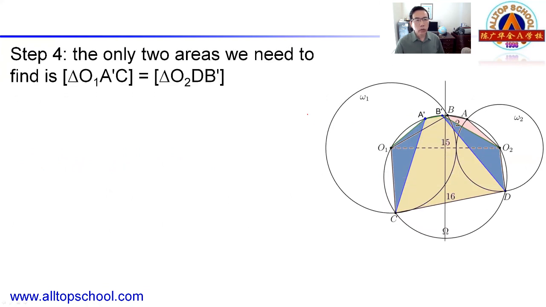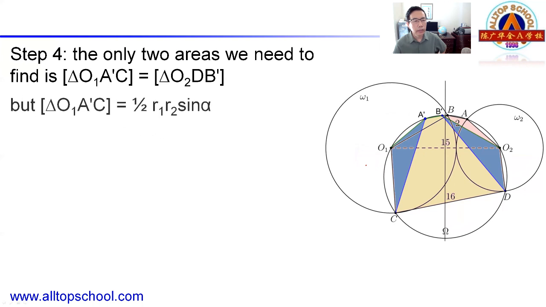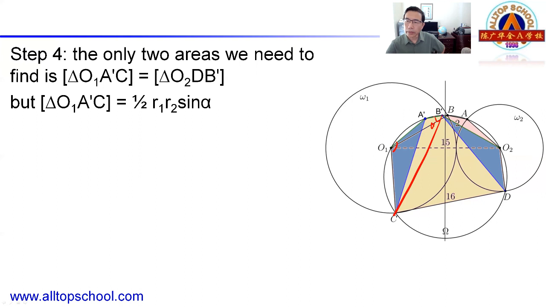And then in step 4, we only need to calculate the two shaded congruent triangle areas. We already know this is R1, this is R2, the two radii of the two smaller circles. And then what is the area on the left-hand side? It's going to be R1 R2 times 1/2 times sine alpha, because you can see this quadrilateral is cyclic.